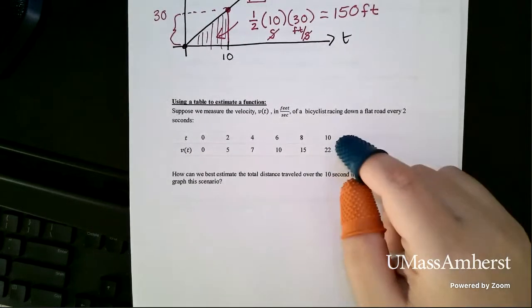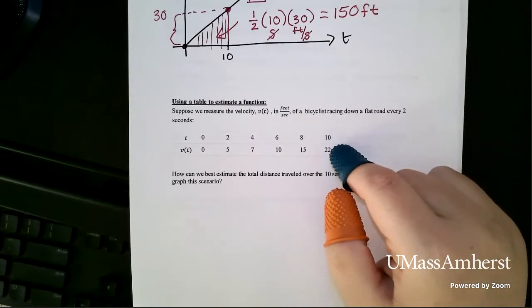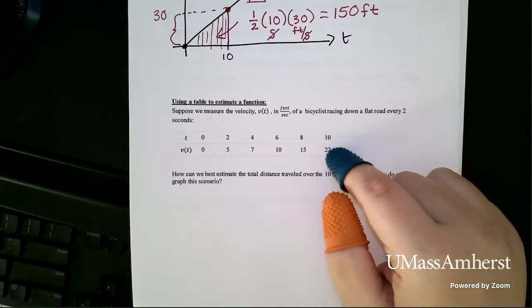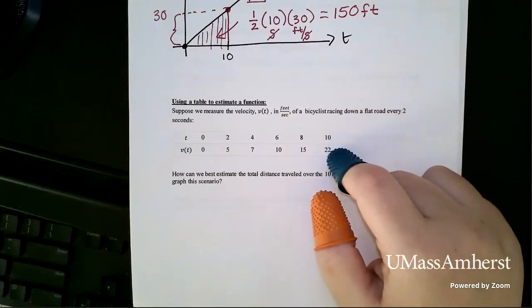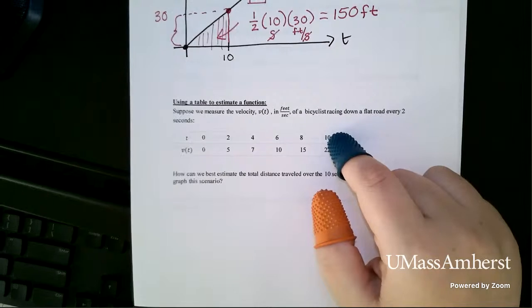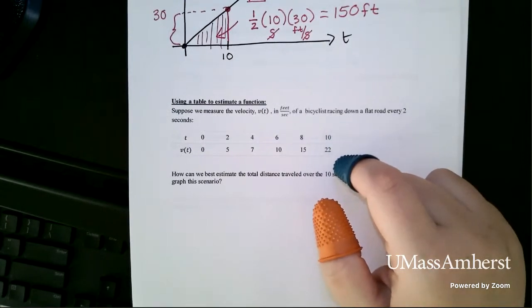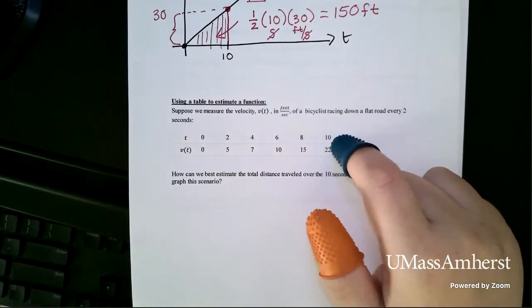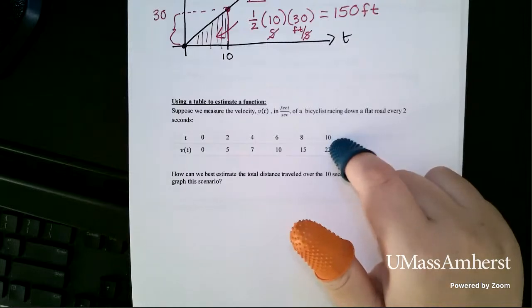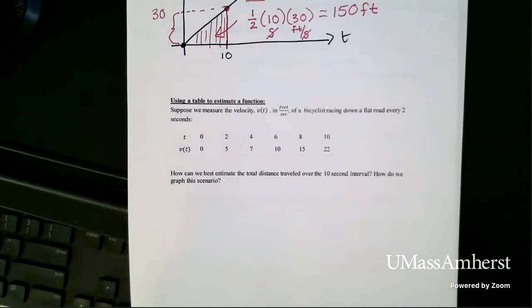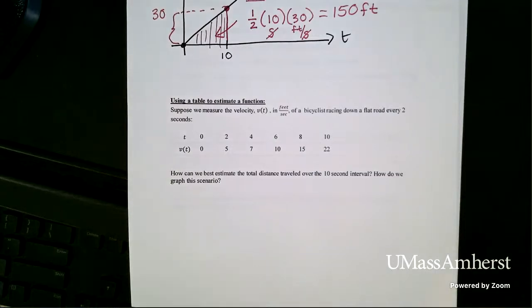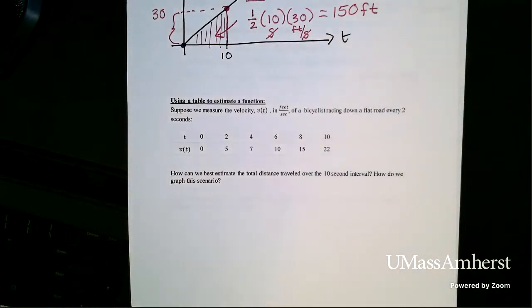Because if we were to multiply 10 times 22, that would mean that we were going 22 feet per second for 10 seconds, which is different than going 22 feet per second at time equals 10, right? So we have to think of some creative ways to sort of figure out what might be going on.